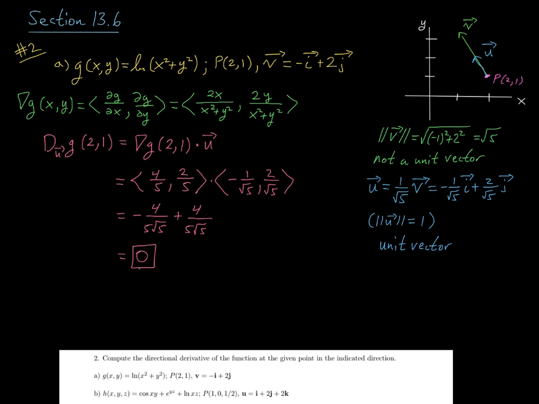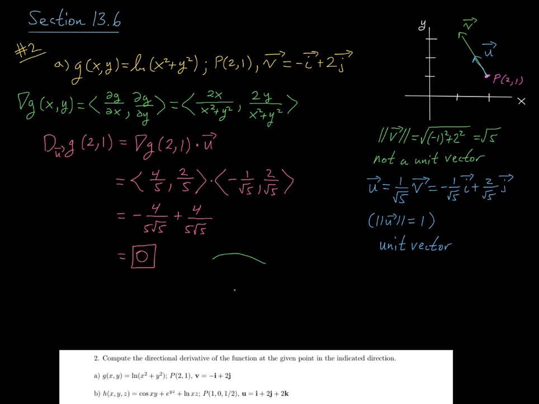Let's recall what this directional derivative is really telling us. We're standing on the surface z equals g of x, y directly above this point P, and then we start walking in the direction of v. With the 0 derivative, we're seeing that our surface is actually flat at this point.